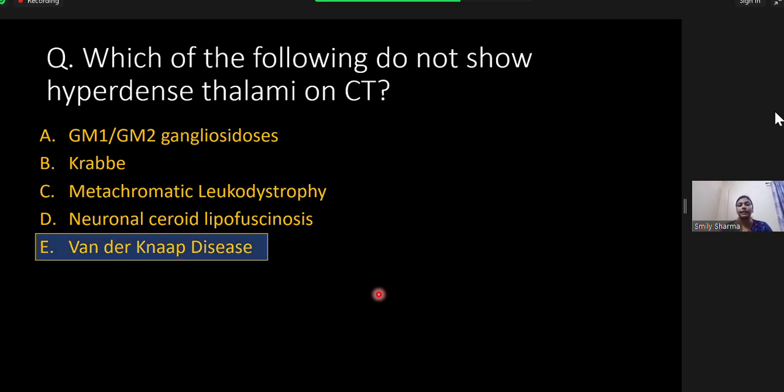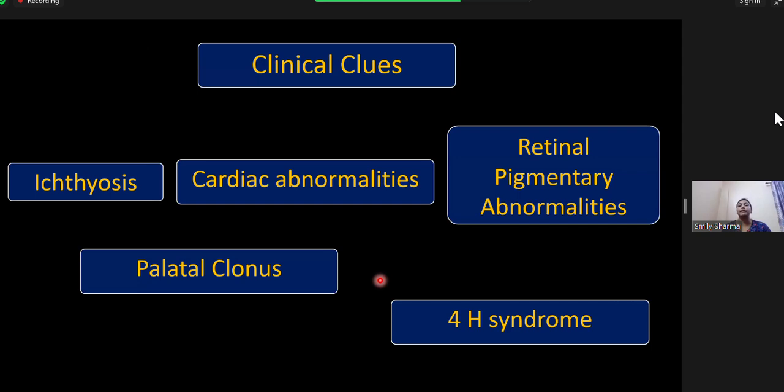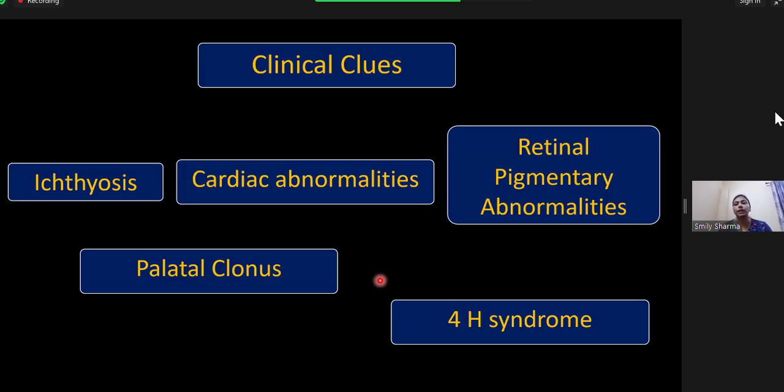Basically, the main thing to remember is that all the lysosomal storage disorders can show hyperdensity in the thalami on CT and corresponding T2 hypointensity. These are the important features to look for. Apart from that, we have to look for any cysts, any CSF intensity, any cavitations.